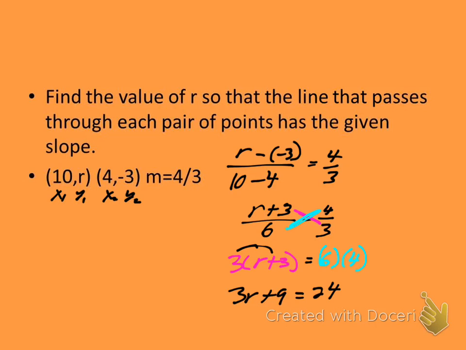Subtract 9 off of both sides. So 24 minus 9 gives you 15. Divide by 3 to get a final answer of r equals 5.